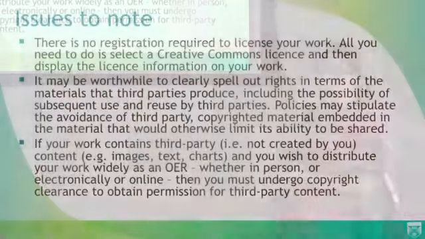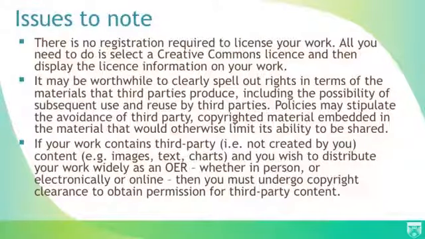Okay, when you create your own material, when we say you want a copyright, you have to register a copyright and so on. In case of Creative Commons, because we are looking at creation of resources that can be freely utilized, there isn't a formal requirement for you to register your resource under a particular Creative Commons license.